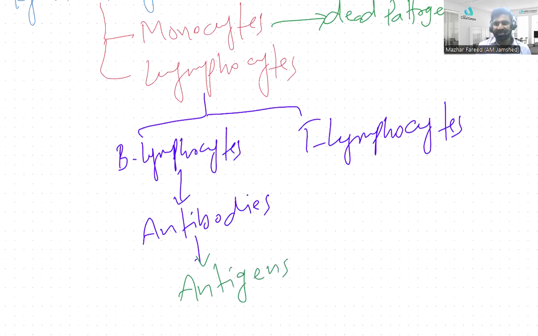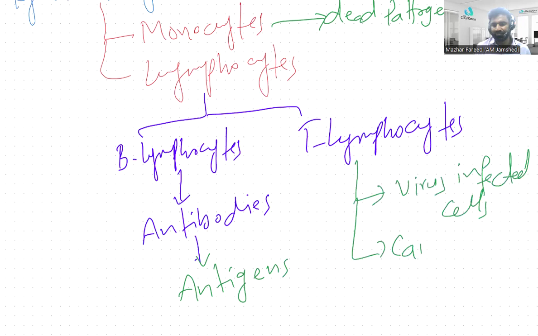The T lymphocyte produces chemicals and they kill virus-infected cells directly, and it also kills cancerous cells. So this is the main role of B lymphocytes and T lymphocytes.